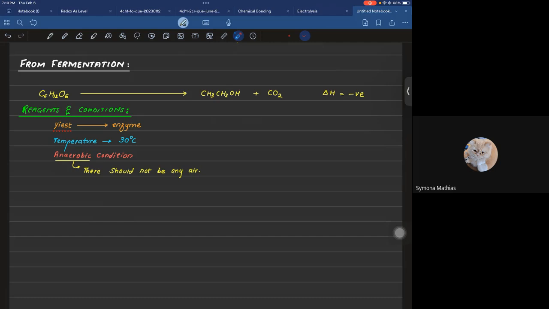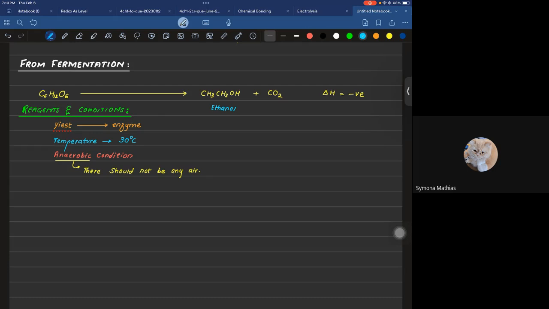Otherwise, if you don't have these conditions, you cannot expect to get any alcohol. So this is ethanol.